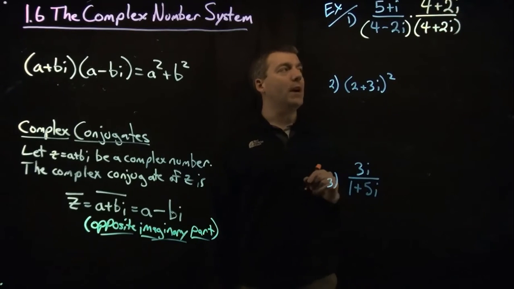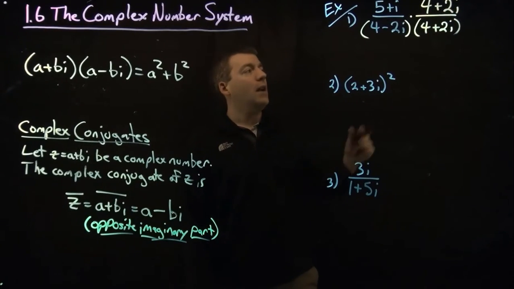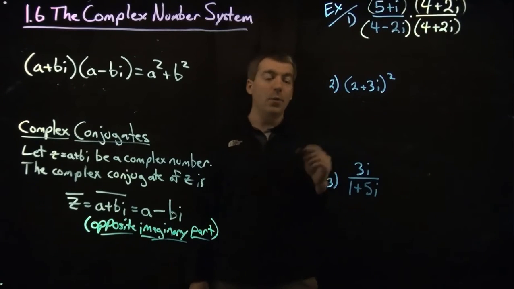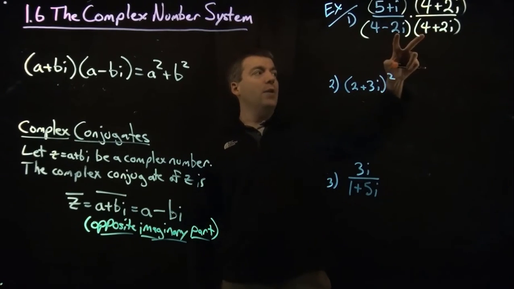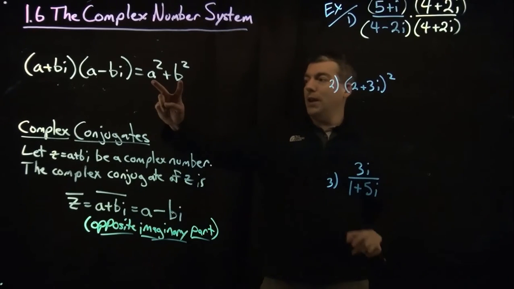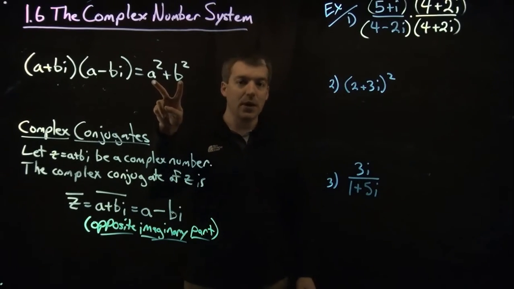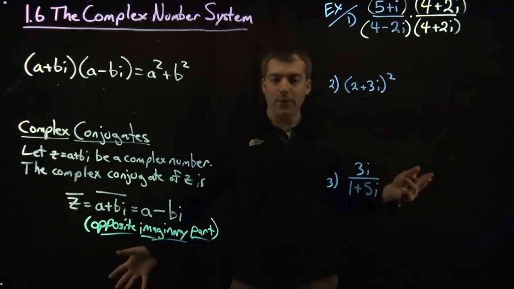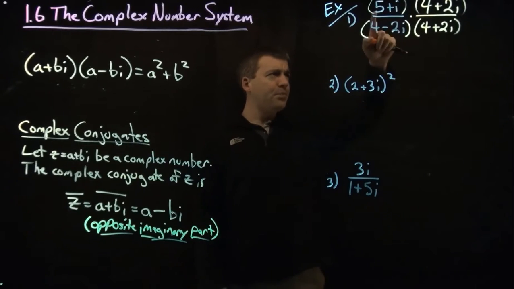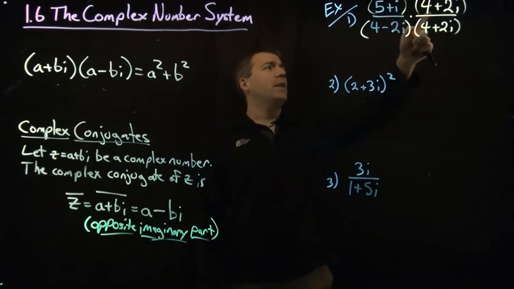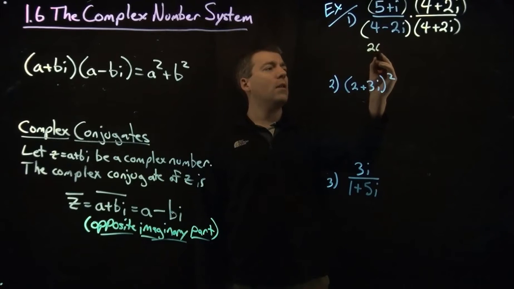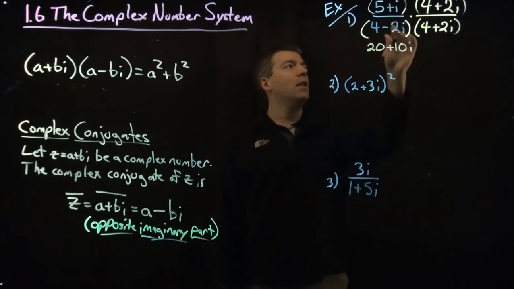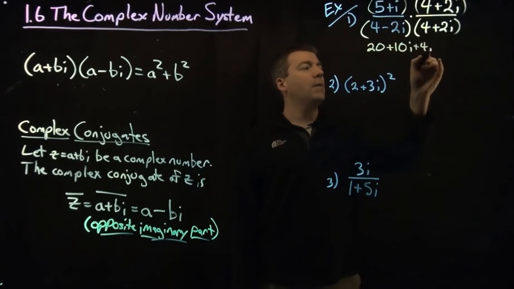over 4 plus 2i. To evaluate this, we'll multiply the numerators, and then we'll multiply the denominators. We know the denominators are conjugates, so we'll get a squared plus b squared, real part squared plus imaginary part squared. The numerator we'll have to FOIL out. So let's do that. 5 times 4 is 20. 5 times 2i is 10i. i times 4 is 4i.